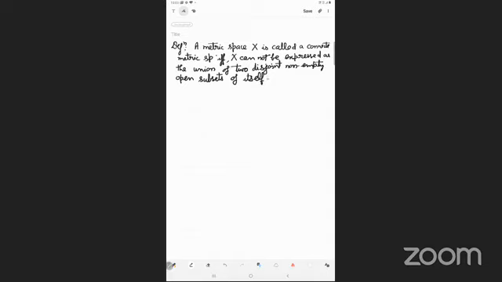That is, we cannot write X as a union A union B where A and B both are open in X and A intersection B is phi.